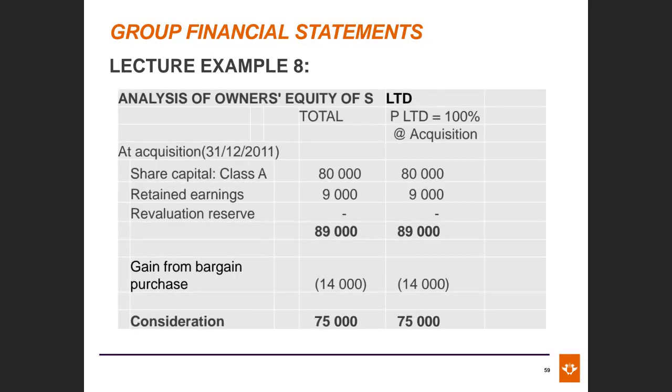In S Limited, it had share capital of 80,000 Rand and retained earnings of 9,000 Rand. If we total that, we get 89,000 Rand. But the consideration paid is 75,000 Rand. So is this goodwill or a gain from bargain purchase?